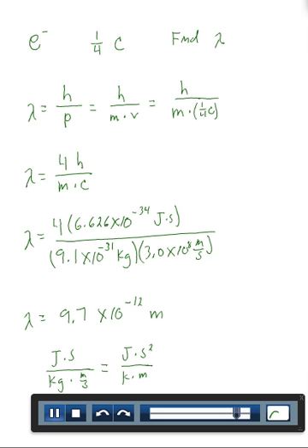So I've taken the compound fraction, moved it into the numerator, and then a joule is a kilogram meter squared per second squared. Okay, so now we see the second squared cancels, kilogram cancels, one of the meters cancels, and I'm left with meters. So that's how the units work out. So we need to put joules in its derived units in order to get all the units to cancel to give us meters.